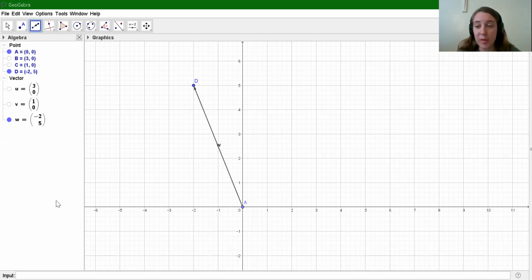So what we did in the last problem, the vector 3, 0 had a magnitude of 3. We want it to have a magnitude of 1. So if you divide the vector by 3, divide both terms, you end up with the vector 1, 0. I'll show that to you real quick.